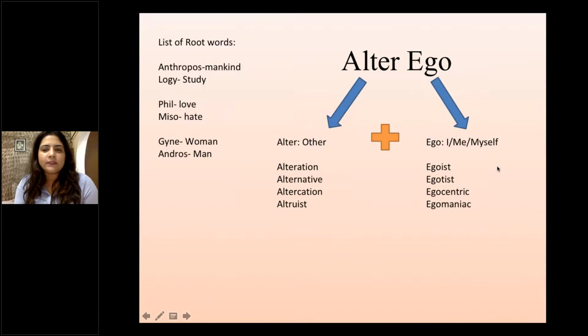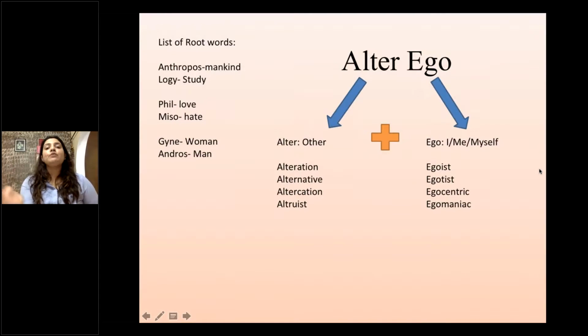Next is altercation. Who's going to tell me the answer for this one? Come on. What is altercation? Very good, Ria. Ria is correct. What about the rest? Very good, Gursimran. It's a verbal dispute. Altercation is actually when you're in a heated argument with the other person. How do I learn this word? Suppose you went to a tailor for the alteration and the alteration did not go well. What would you do with the tailor?